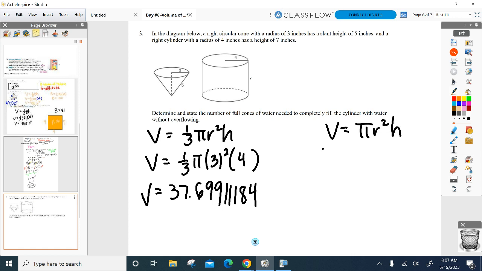All values are already there for the cylinder. 4 squared times 7. Yeah, it's 7. Okay. You guys have 7 too, right? Okay, well, I don't know why I have 6 in my old one.